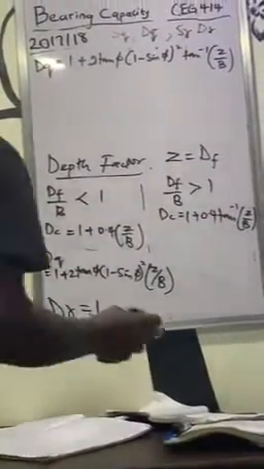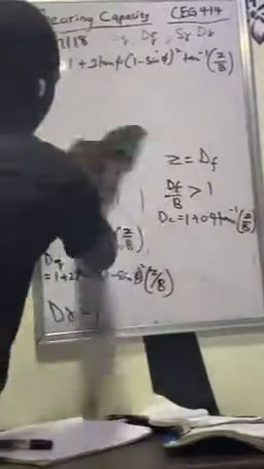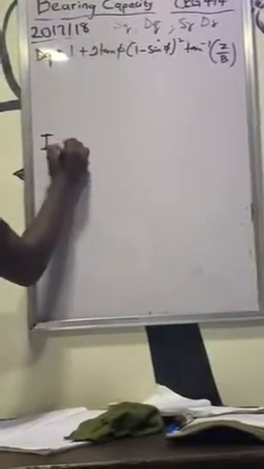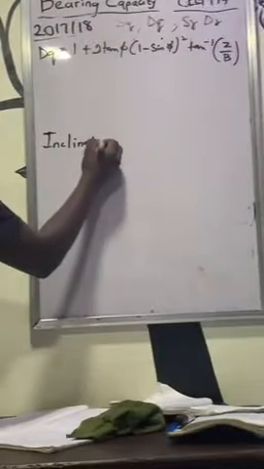Then you have one more factor considered, which is the inclination factor. Say your footing is inclined at some point, so you have to put inclination factor.